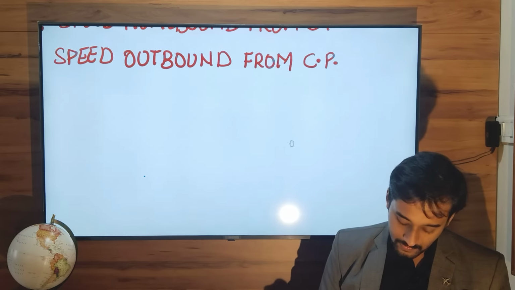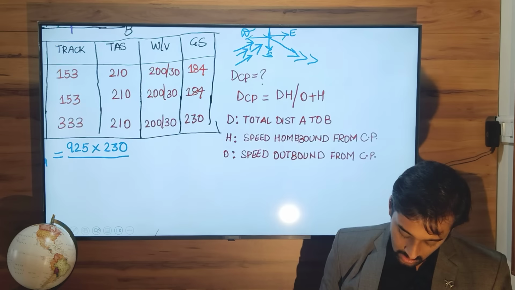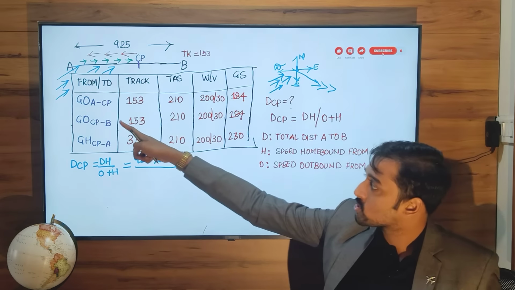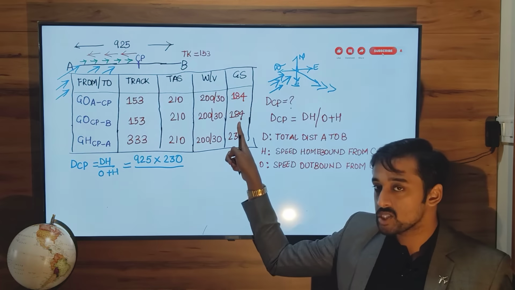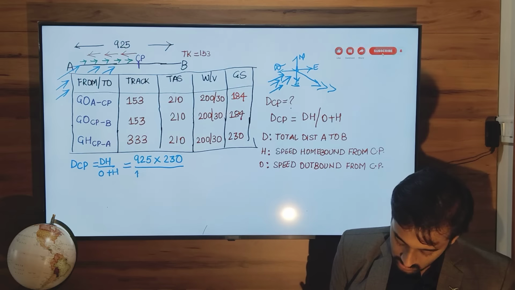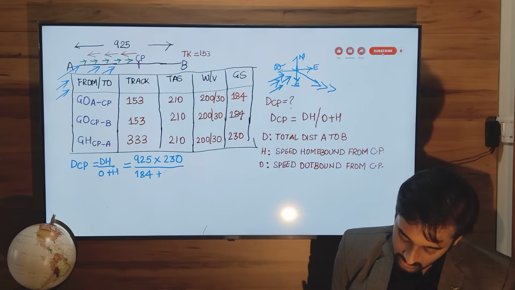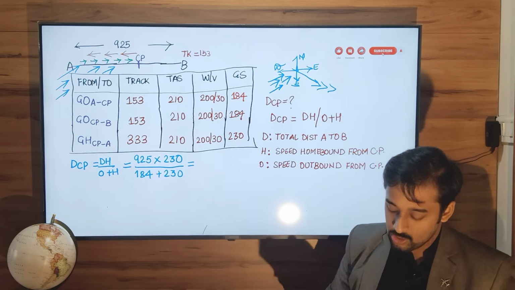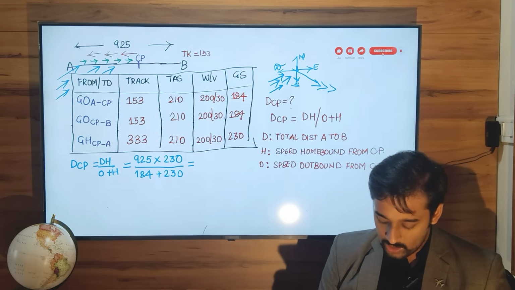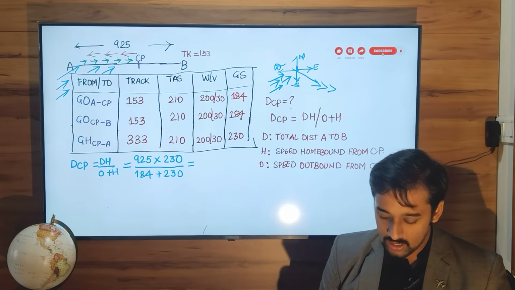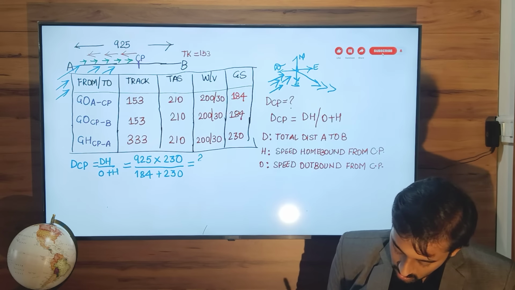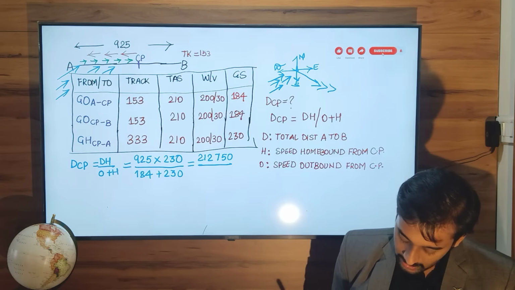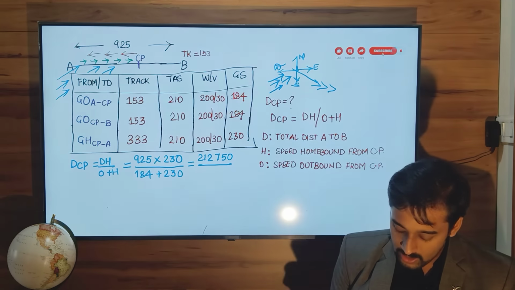What is O? O is speed outbound from the critical point, which is 184, plus H 230. So use your calculator: 925 into 230, divided by 184 plus 230.